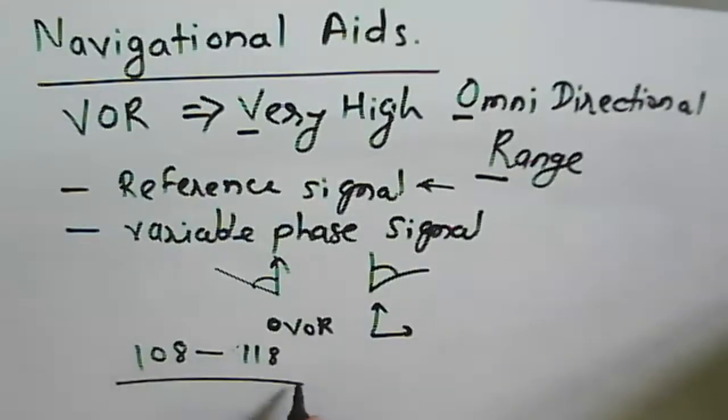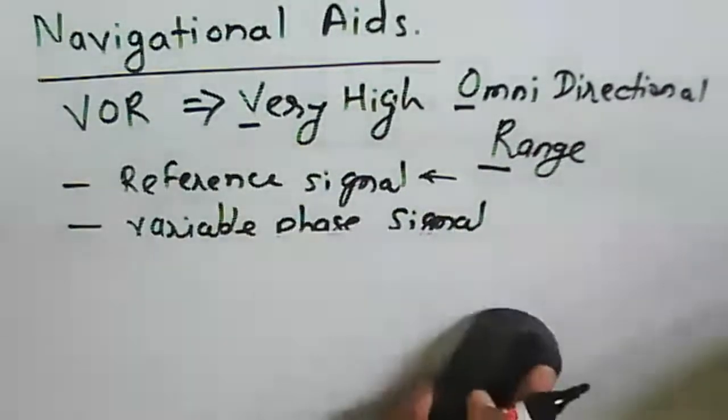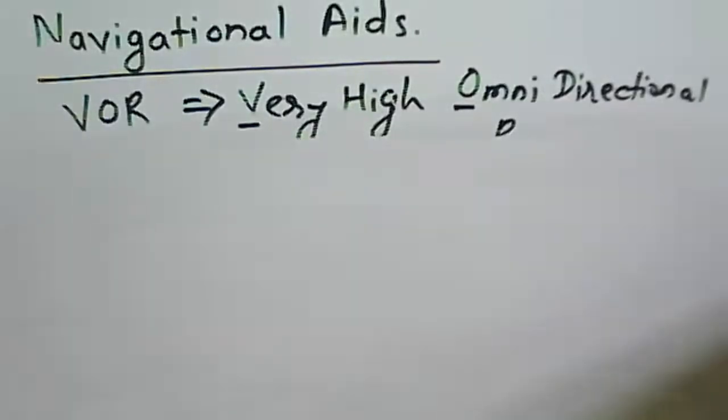In between these frequencies, two signals are considered. For the high altitude VOR we consider 112 to 118, and the range for the high altitude VOR is about 200 nautical miles. For the low altitude VOR, the range is up to 400 nautical miles.